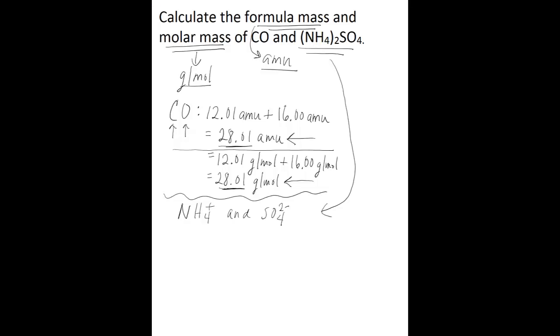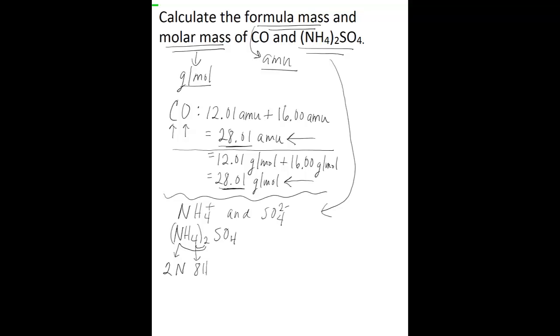So if you look at this compound, ammonium sulfate, you can see, so let's rewrite it here. We have ammonium sulfate. You can see that there are 2 nitrogens, and then you have to multiply the 2 times the 4 to figure out the number of hydrogens.